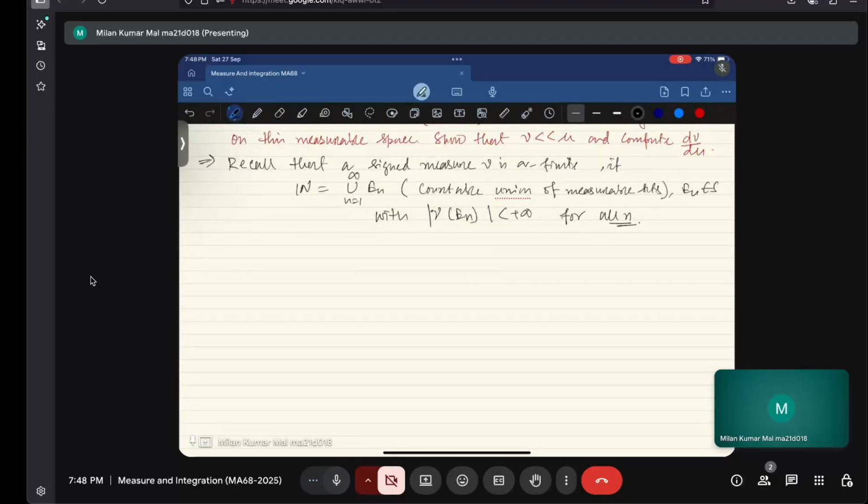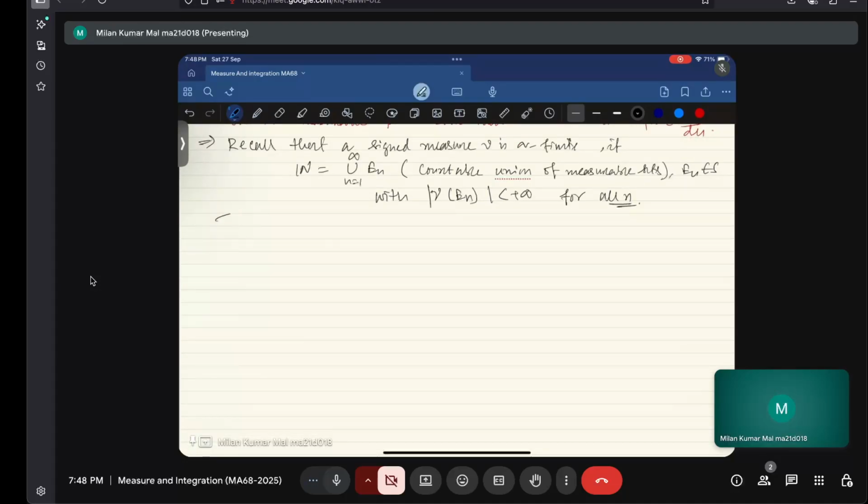Now, to show that any sigma finite measure is absolutely continuous with respect to the counting measure mu, it is enough to show that for any subset E of N, because here the sigma algebra is the power set, so every subset of N is an element of the sigma algebra, if mu of E is equal to 0, then we should have the modulus of nu of E equal to 0.